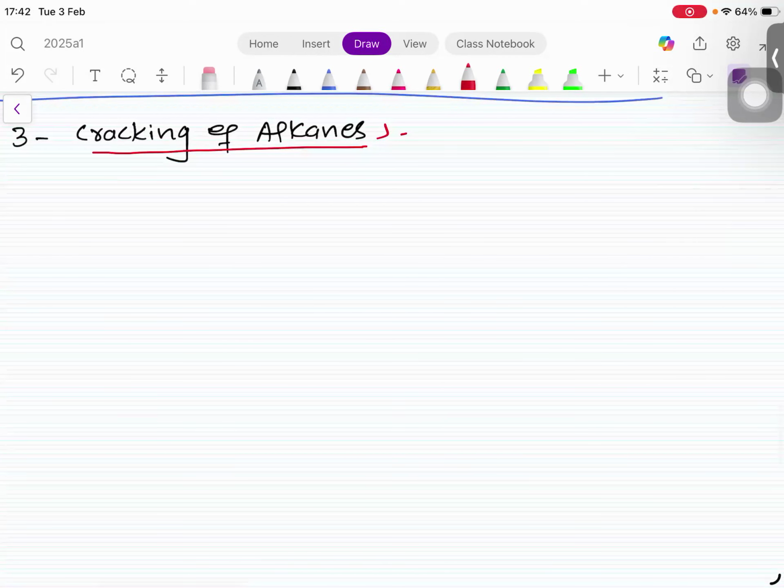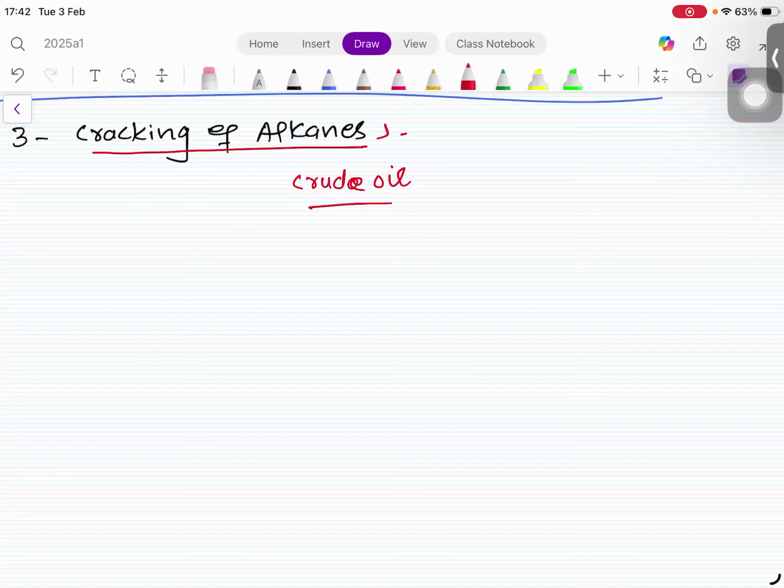I'm going to make up supposed data of an oil refinery just to make you understand why it is important to have the cracking. Let's say we got crude oil in this Attock oil refinery. And when we did the fractional distillation of crude oil, we have all the fractions which we mentioned yesterday, starting from bitumen at the bottom and up to the petroleum gases, right?